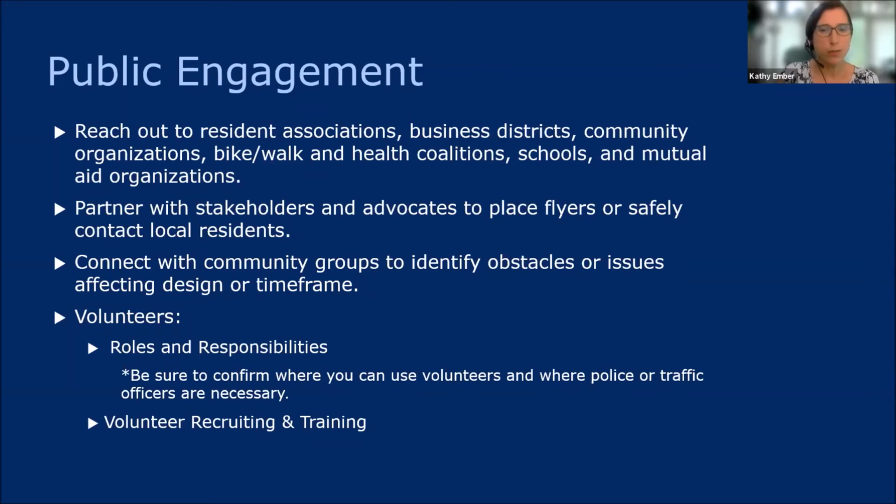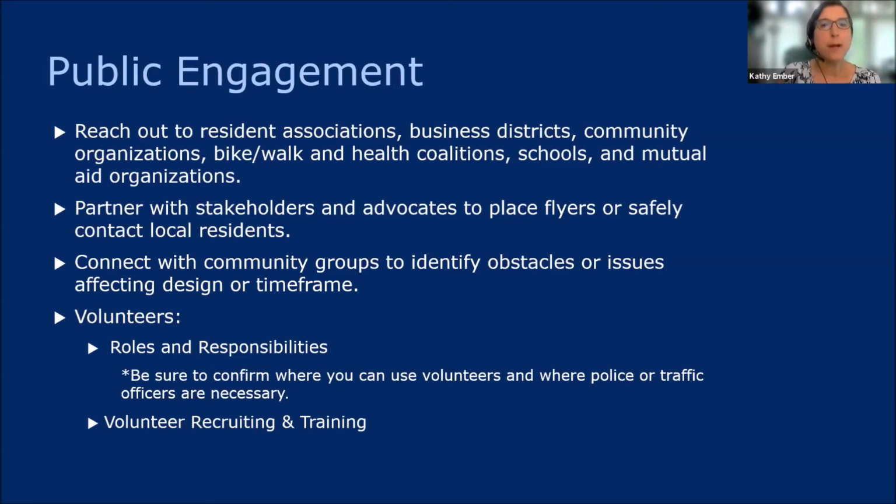And so continue connecting with community groups to identify any obstacles or issues that affect the design or time frame or implementation of it. If you're going from a temporary to permanent installation, that's particularly important. And Mike did mention the role of volunteers is really important, and the example of 34th Avenue, where a volunteer coalition is helping to put out the barriers and take them down.